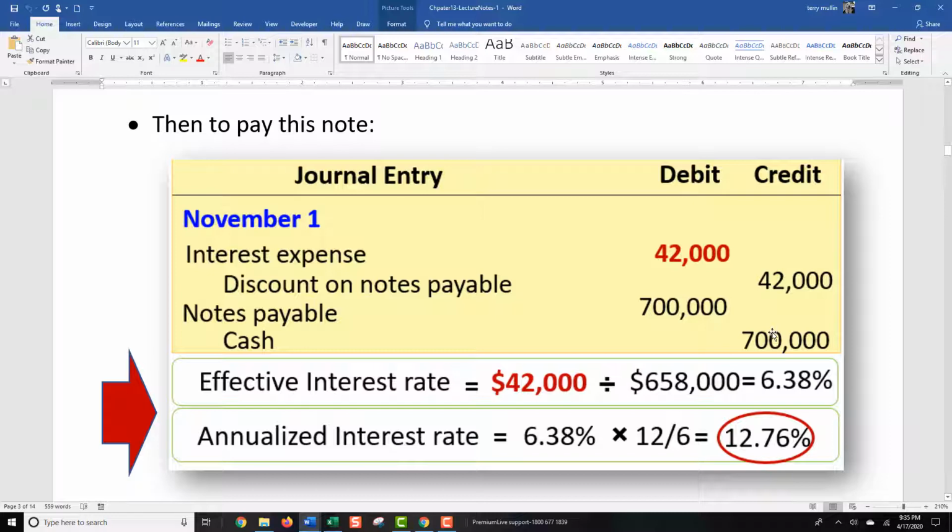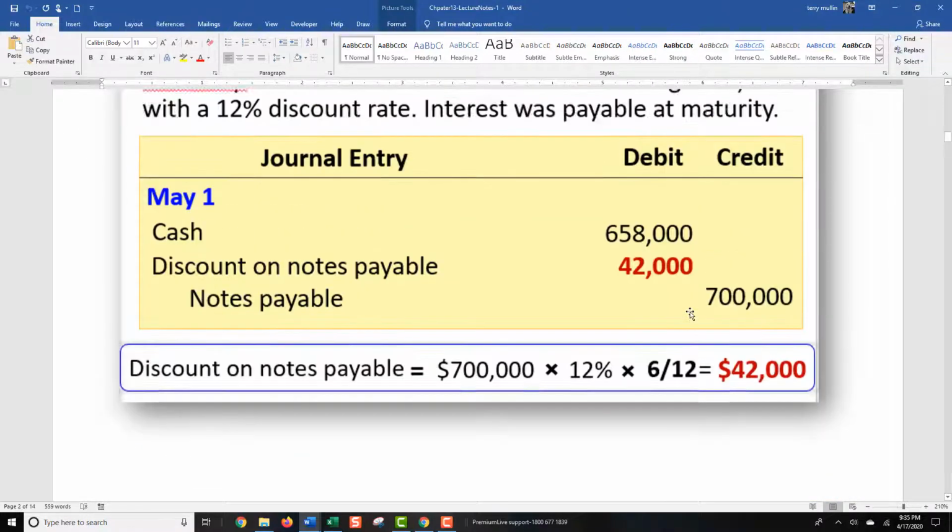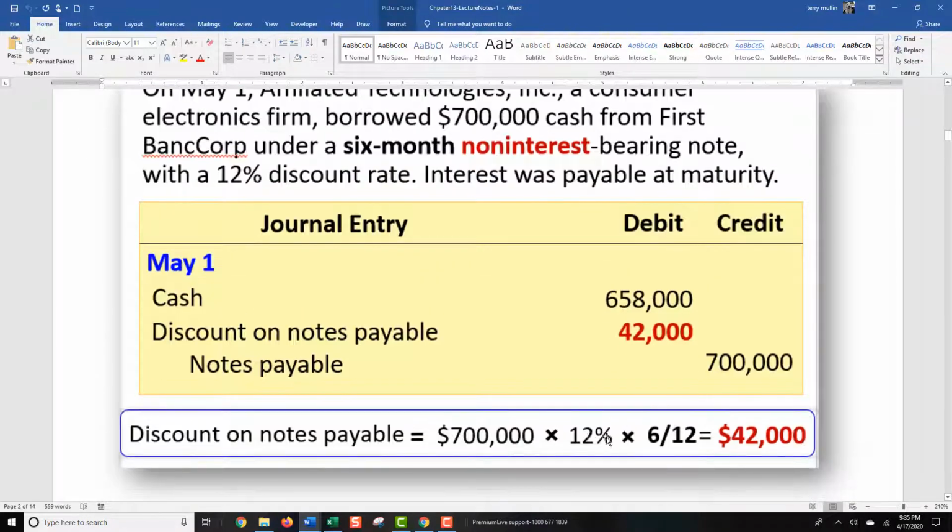So the question is then, what's the effective interest rate? Because the interest up here, if we go back up, was calculated at 12%, but that's not the effective interest rate because the cash that you actually received was $658,000.